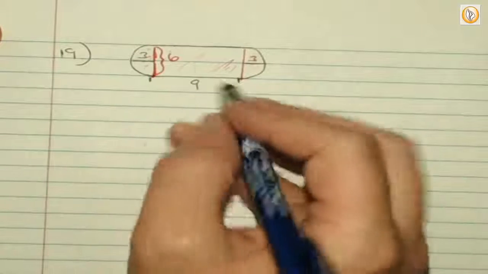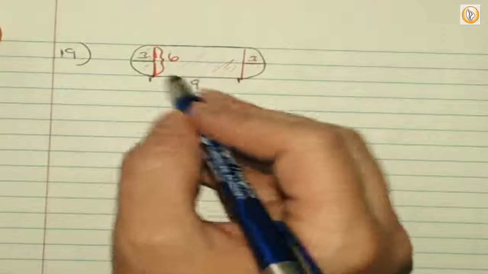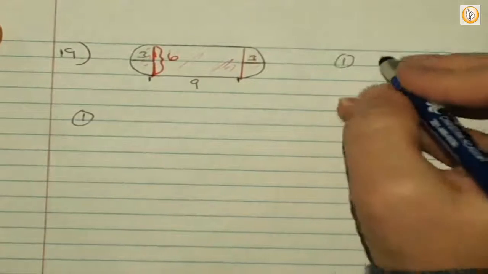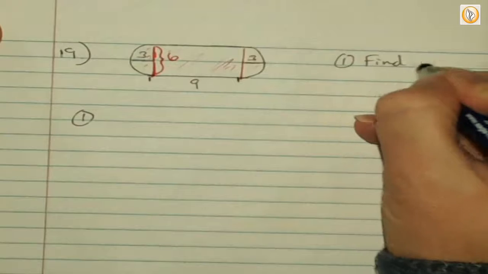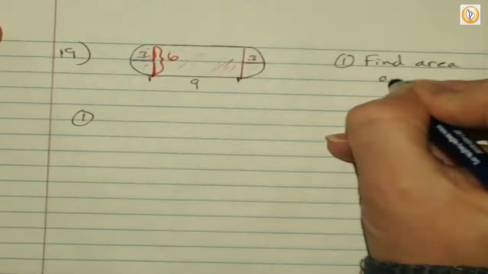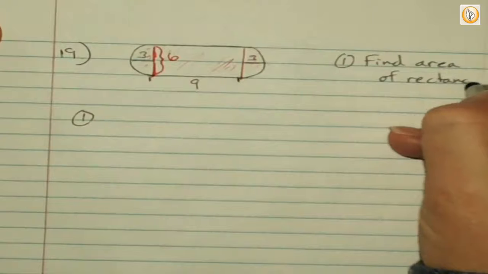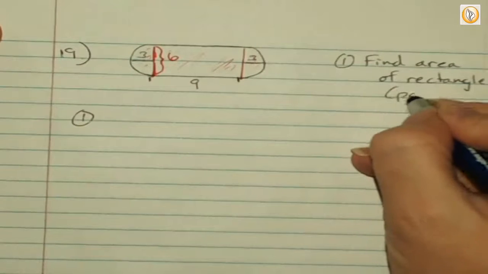Okay, she's going to choose calling it like a parallelogram. So step 1: find area of rectangle or parallelogram.